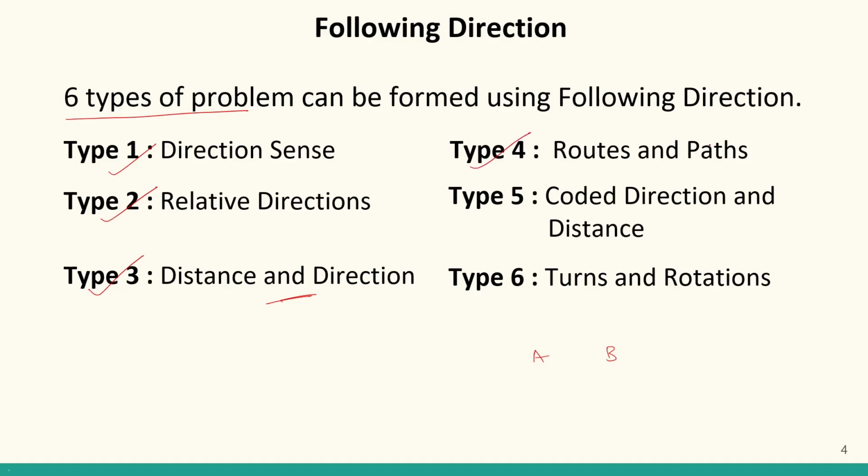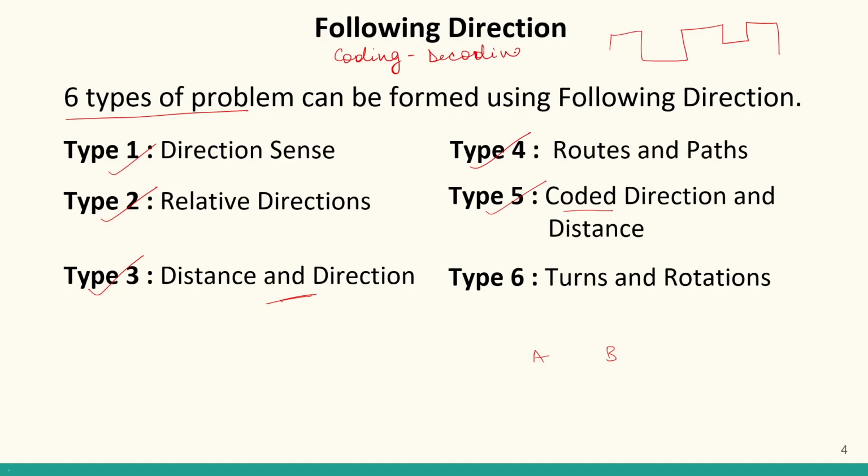Then routes and paths. In routes and paths, we get questions which involve solving the question in such a way that a complete path is formed, and based on this path we have to answer the question. So this is also one type. Then coded direction and distance. In this type of questions we basically use some codes. If you remember, we did a topic called coding decoding.